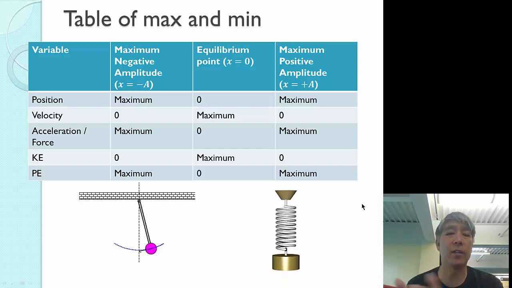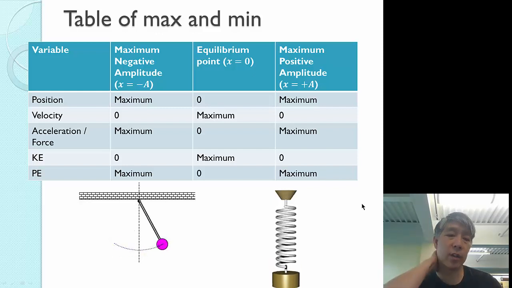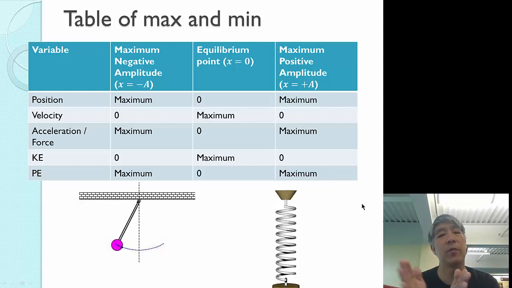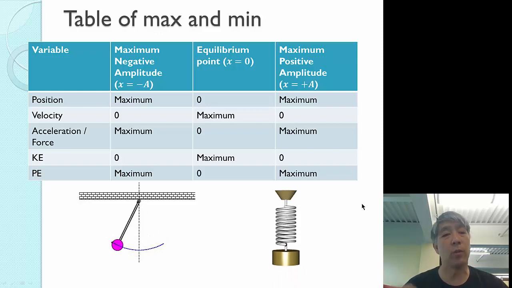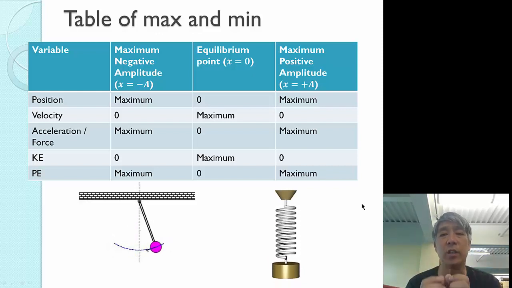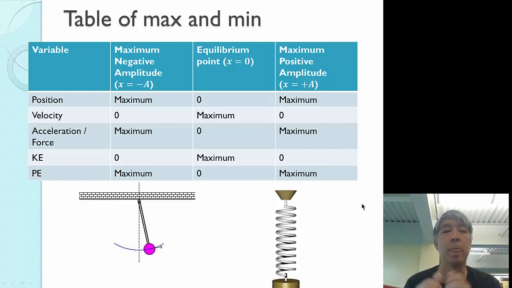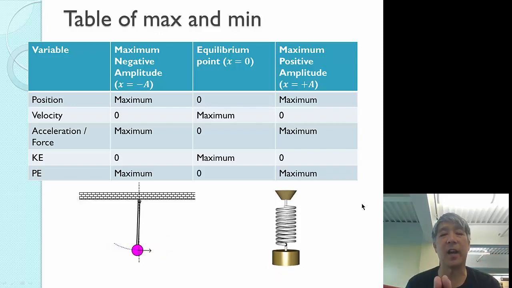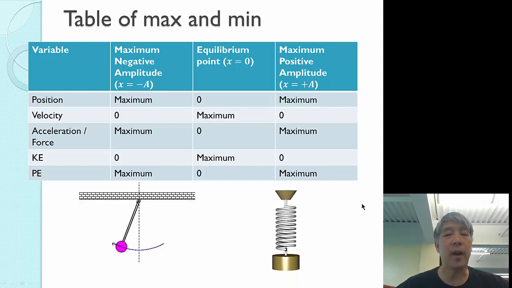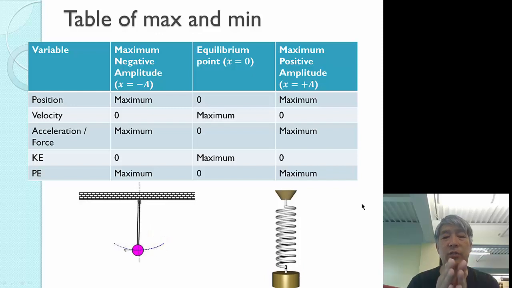To derive this table, you need to know the definition of position and amplitude. Amplitude is the maximum displacement. So therefore, the position will clearly reach a maximum at the amplitude points and 0 at the other points. I only have zeros and maximums in this table. Velocity, on the other hand, at those amplitude points, my object is changing directions from going one direction to the other direction.